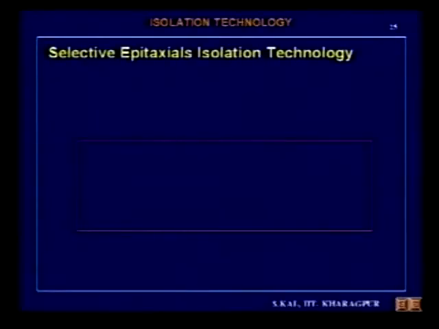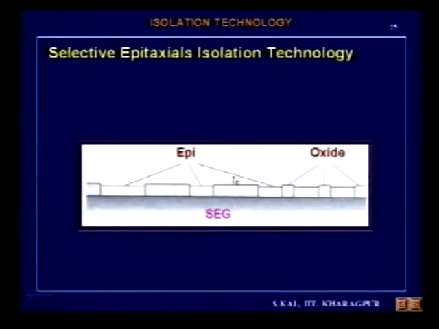Now the last technique which I am going to discuss in isolation is selective epitaxial isolation technology. I need not discuss it separately, because in the epitaxy class I have already discussed selective silicon epitaxy. That means an epitaxial film can be grown selectively and other regions can be protected by oxide.